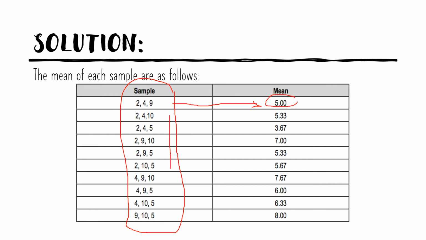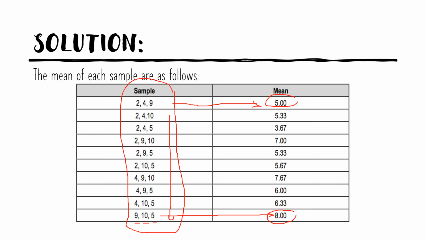Same scenario up to the last value, or last possible combination that we can get from the numbers involved. If we add 9 plus 10 plus 5, that will be 15 plus 9, or 24. If we divide this 24 by 3, that will be equal to 8.